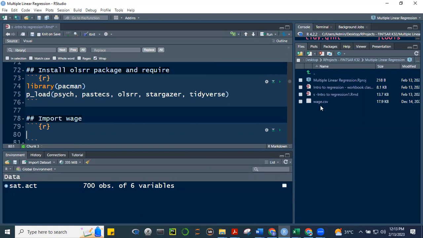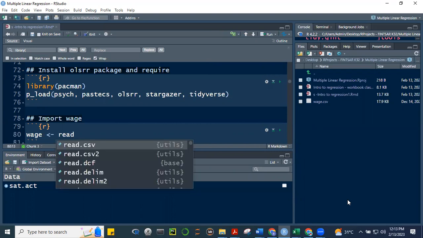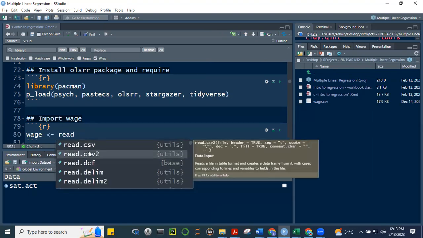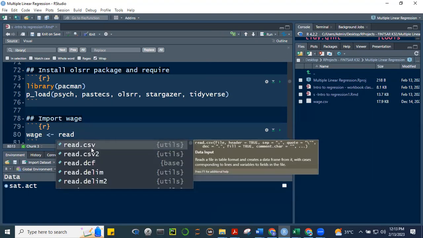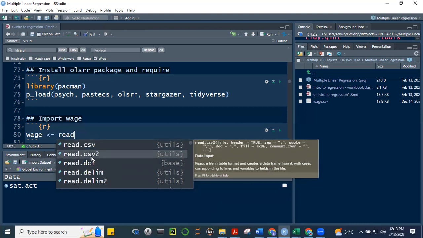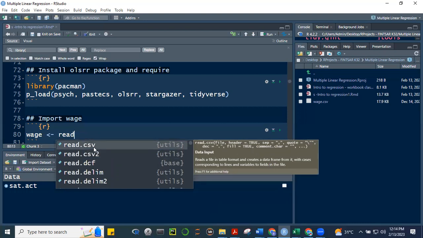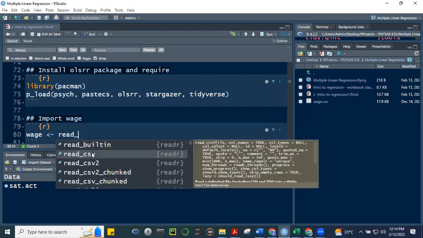Okay, so let's create this data, wage, assignment arrow, and then read. Okay, ayan, read. Meron tayong read.csv or read.csv2. Okay, anong difference nila? Meron ngang read underscore csv, ito.